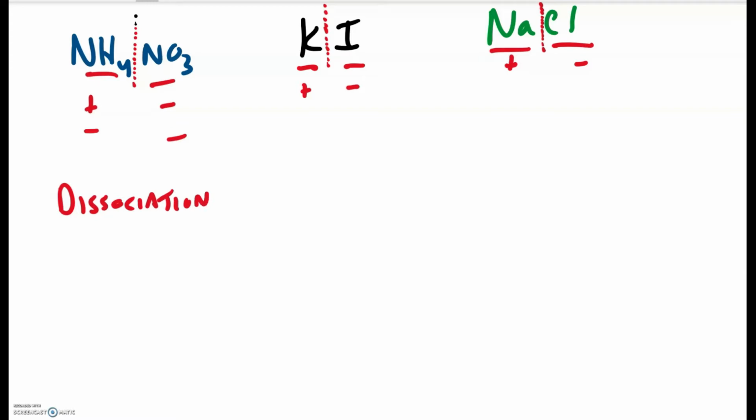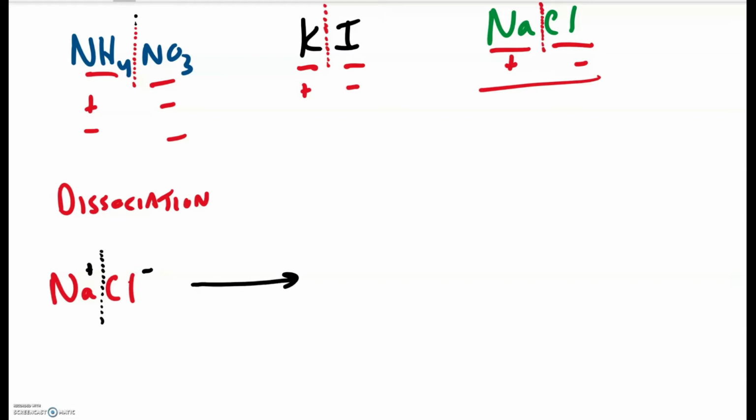It works like this. Let's take our old buddy table salt, NaCl. And we know that it's an ionic compound that we could separate right down the middle into a positive and negative ion. Well, that's exactly what goes on when we put it in solution.